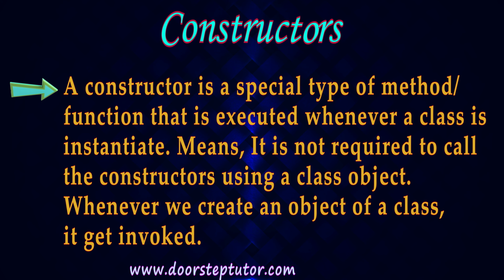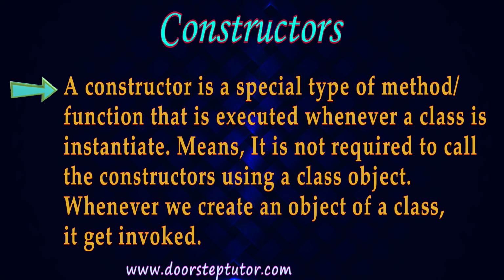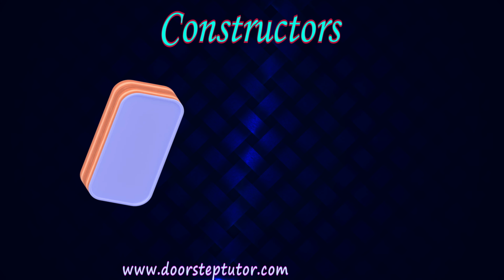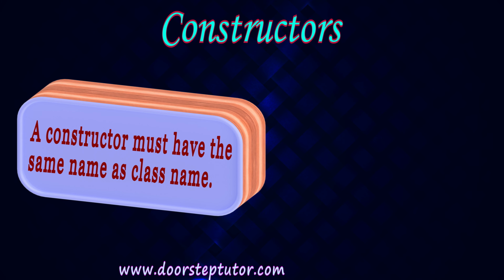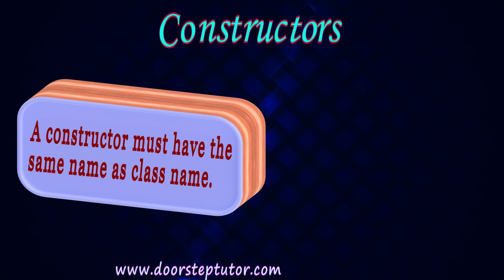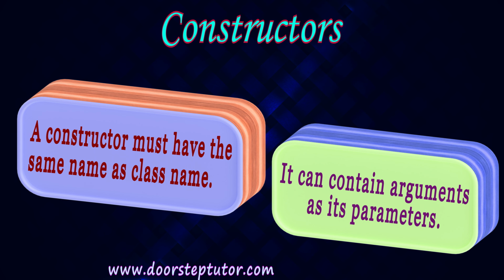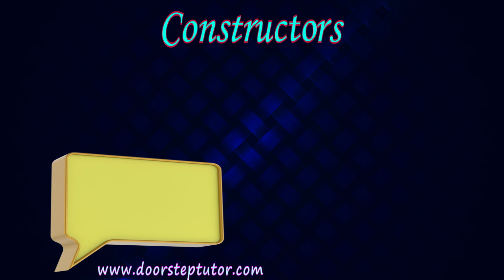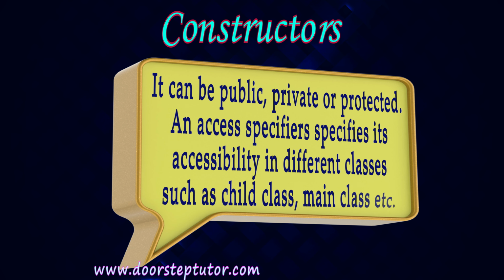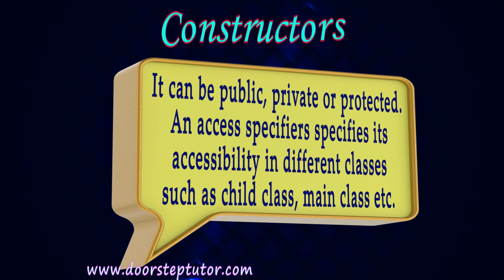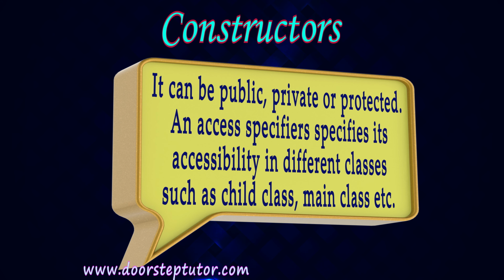So the most important thing is that a constructor must have the same name as that of the class name. Then it can have arguments as its parameters, according to the requirement. Then again, as we specify the access specifiers like public, private and protected in case of class, we can give those specifiers in constructors also.